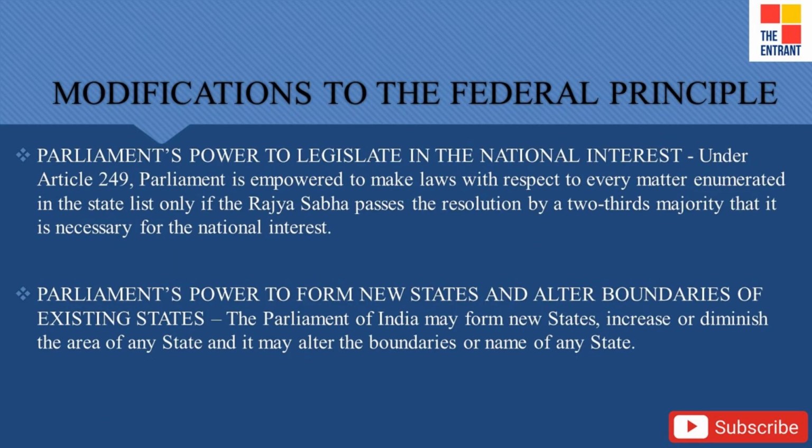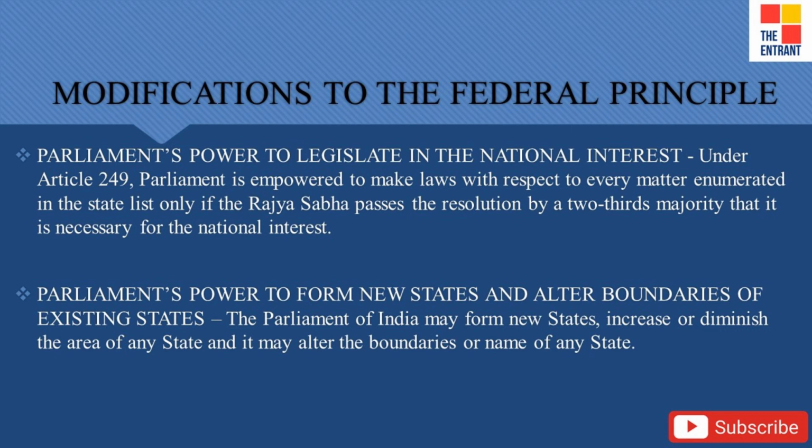Fourth, Parliament's power to legislate in national interest. Article 249 gives the Parliament the power to enact or make laws with respect to every matter given in the state list if the Rajya Sabha passes a resolution by 2/3 majority, making it necessary for national interest.